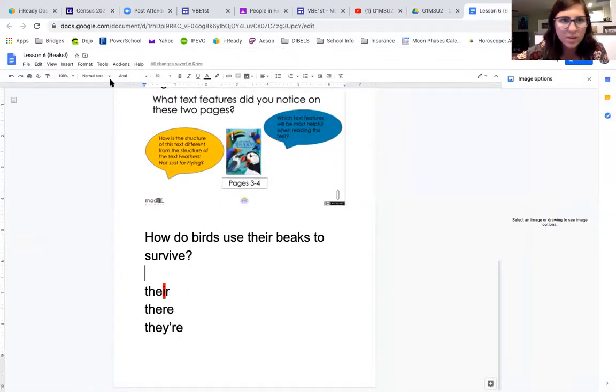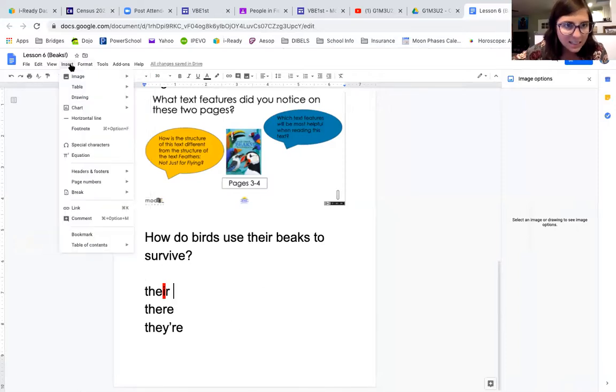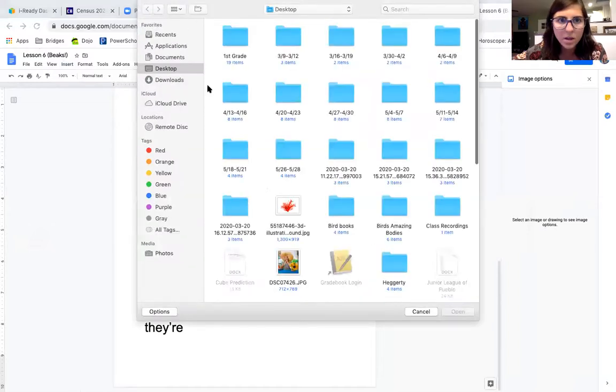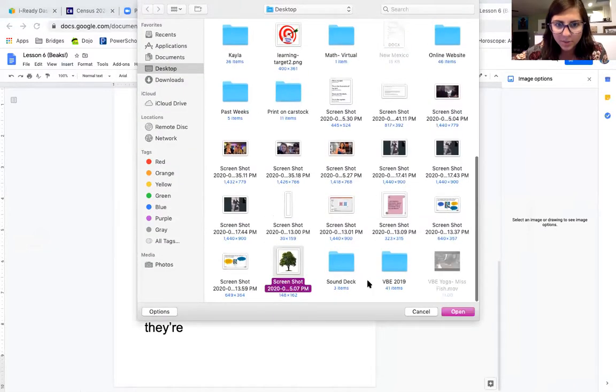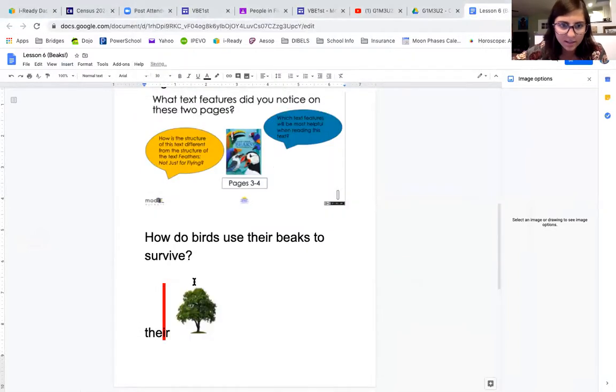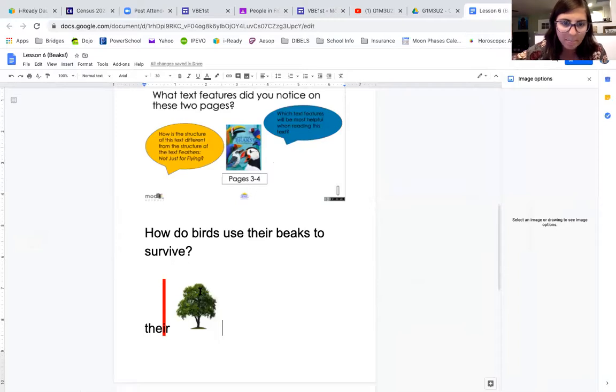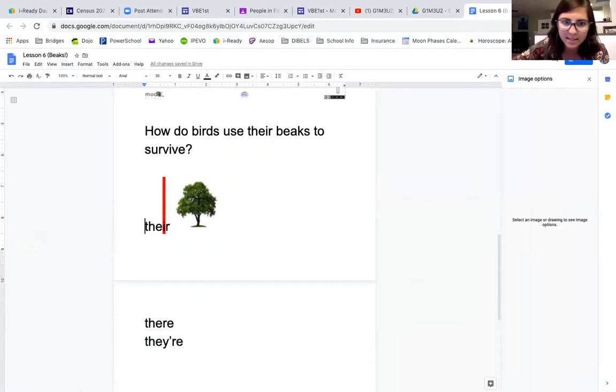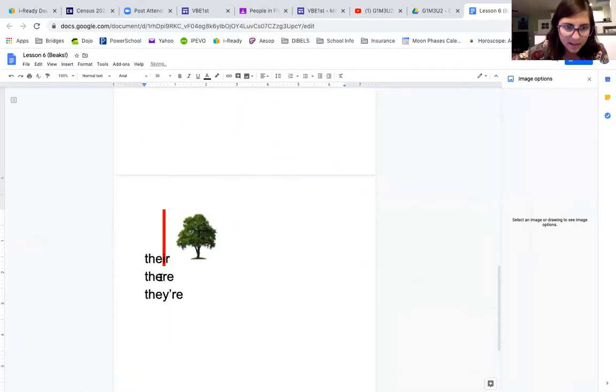It's kind of like Word documents, but it's Google Docs. You guys are familiar with this. If I insert an image from my computer, go to my desktop, and I took a picture of that tree. All right, so this is where the fun part begins.